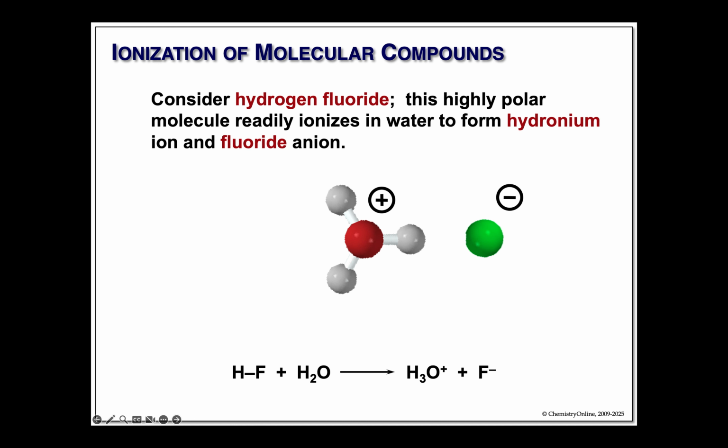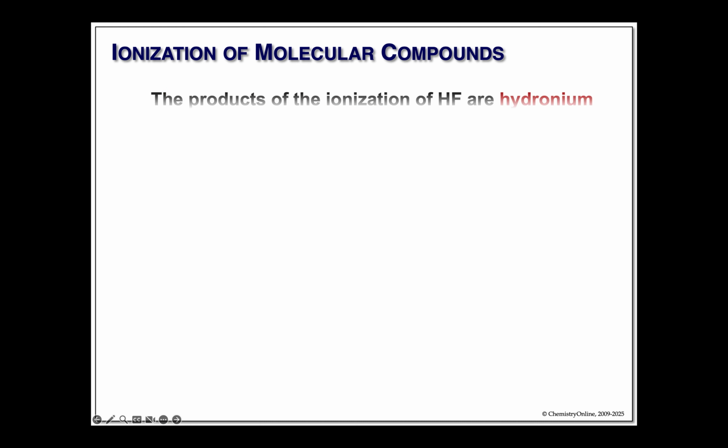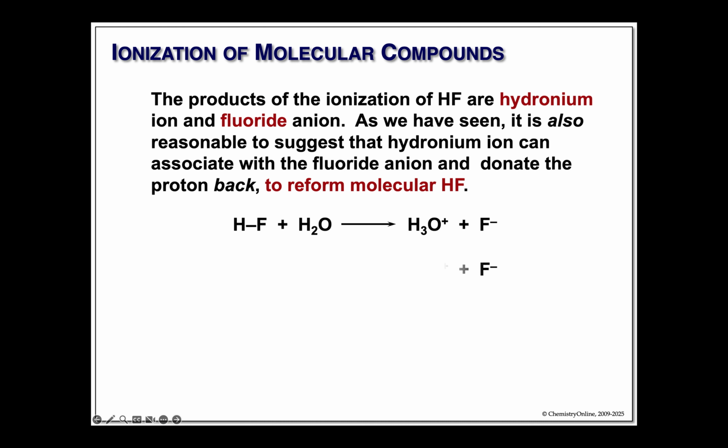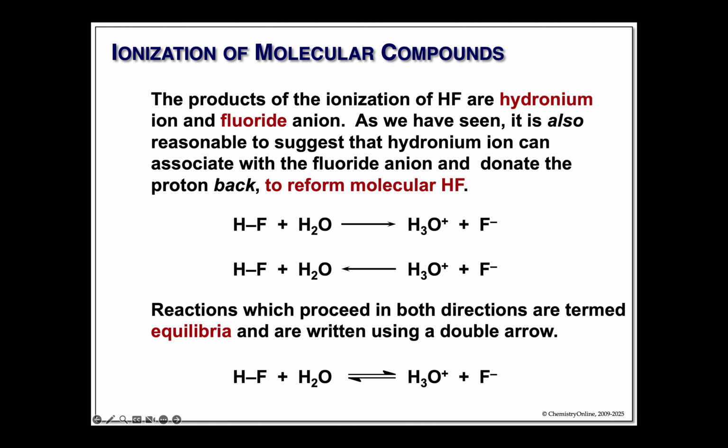We have broken the covalent bond and made hydronium ion. This process is, of course, reversible. It can go this way and that way at the same time. In chemistry, when we have a reaction that easily goes both directions at the same time, we call that an equilibrium.